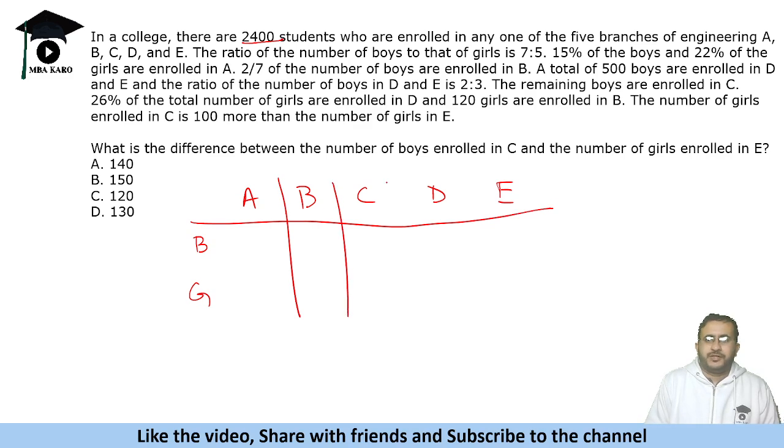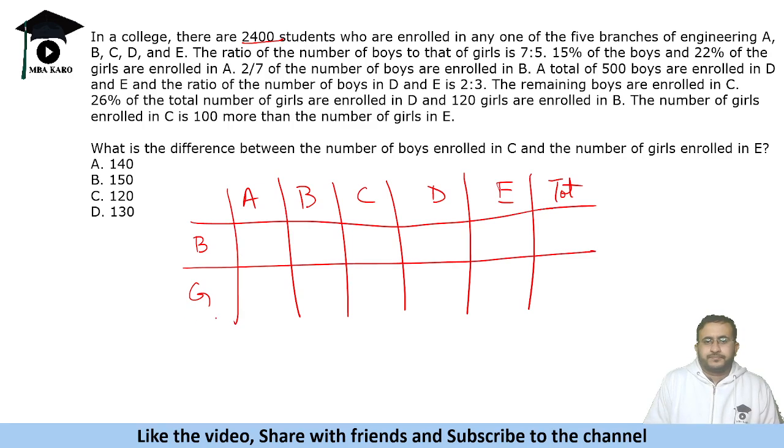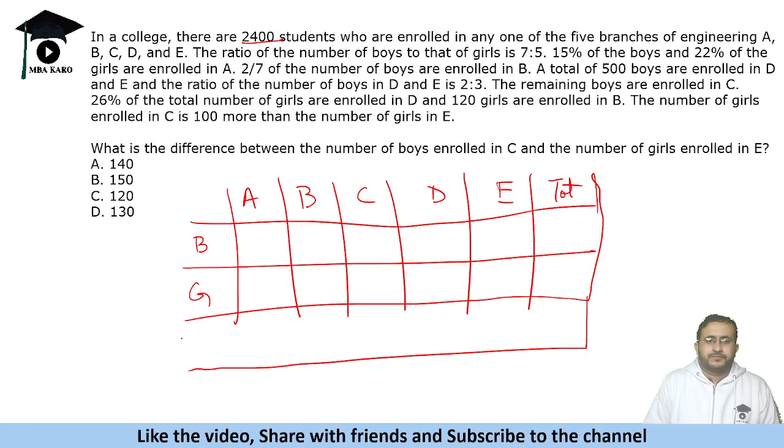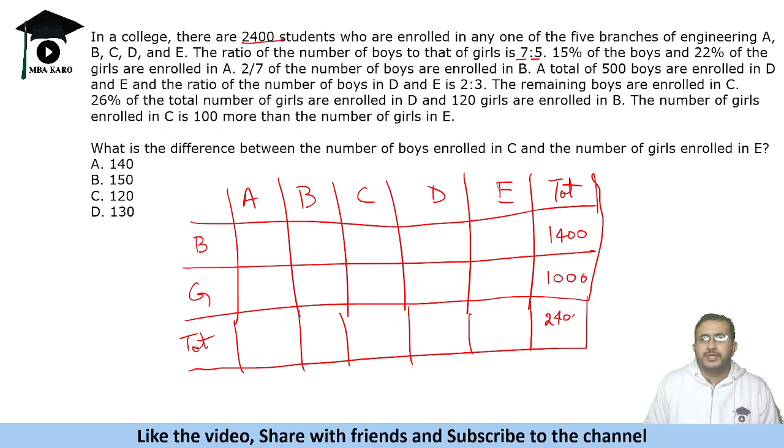It is similar to the first set that we did. Now 2400 students, the ratio of boys to girls is 7 ratio 5. So 1400 boys and 1000 girls. So total we have 2400 students.